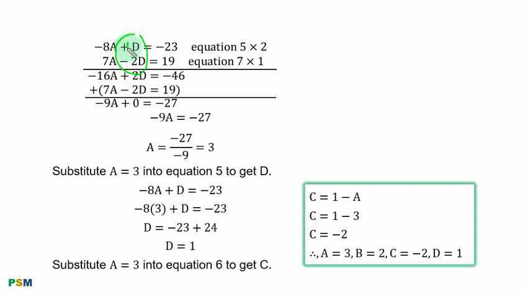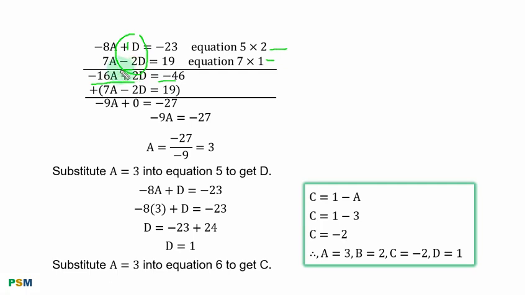Here you have 1, here is 2. To achieve 2, you multiply equation 5 by 2 and equation 7 by 1. So equation 5 becomes minus 16a plus 2d equal to minus 46. Equation 7 remains the same.